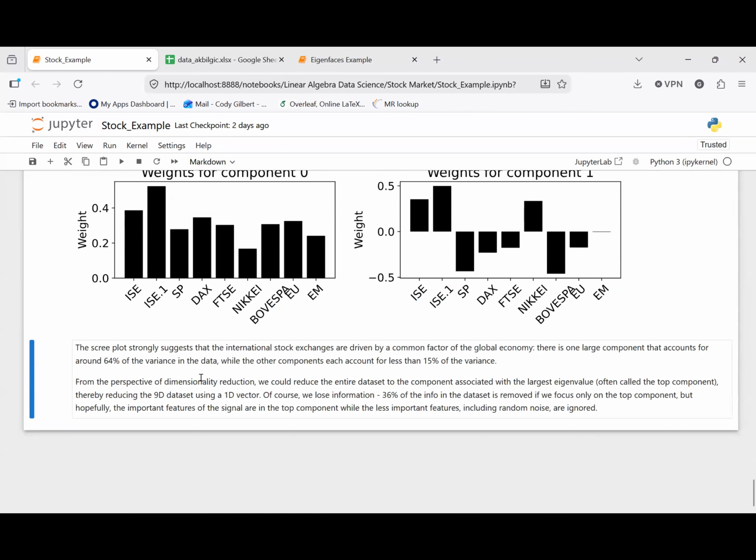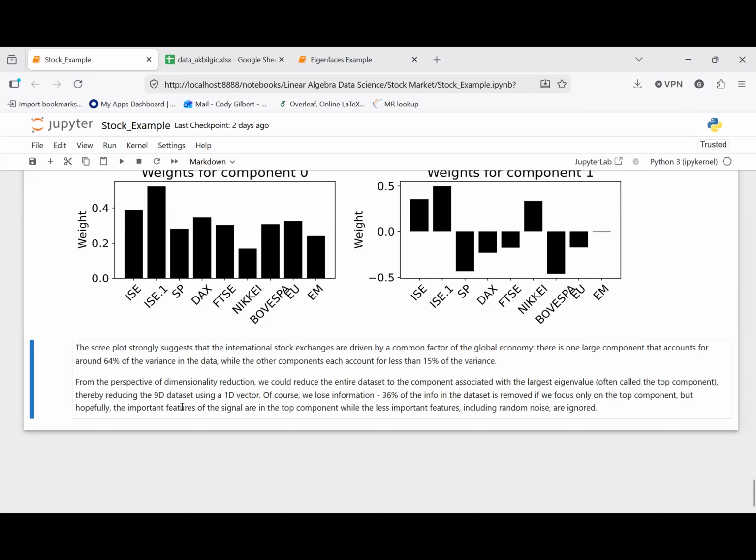And so, I'm pretty much just reading this off, but from the perspective of dimensionality reduction, we can reduce the entire data set to the component associated to the largest eigenvalue, called the top component, which then reduces the 9-dimensional data set into a 1-dimensional vector. In doing this, we lose about 60% of the info in the data set if we only focus on the top component.